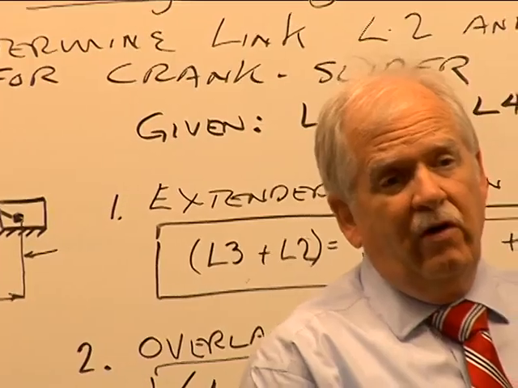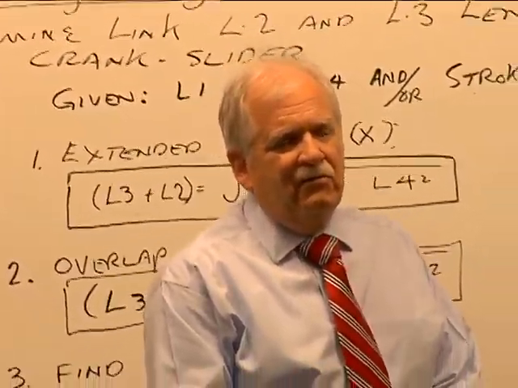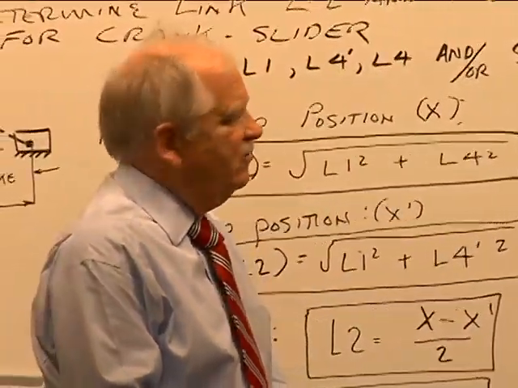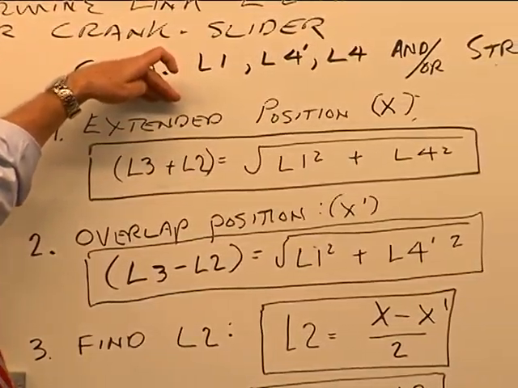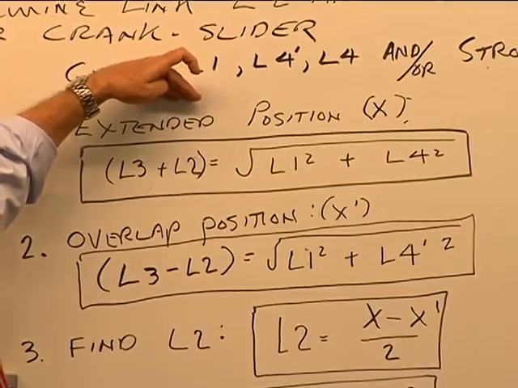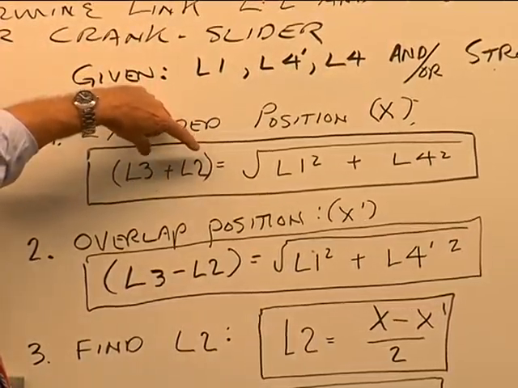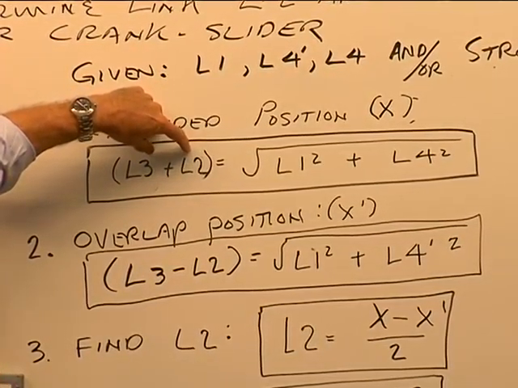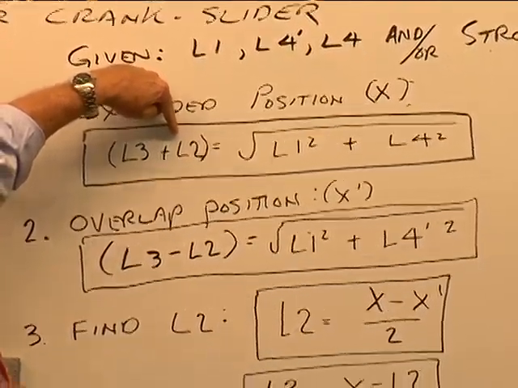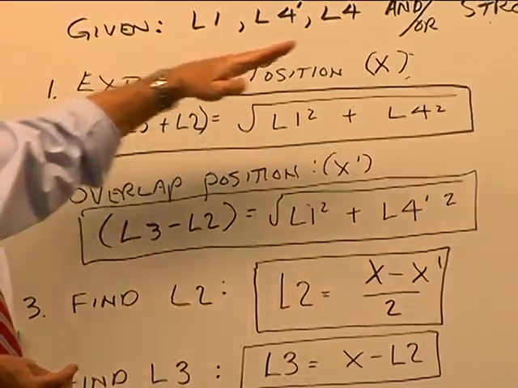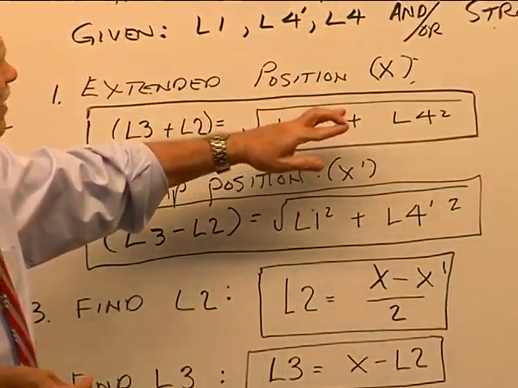So this is basically just another approach to these kinds of mechanisms. As I said before, these are the most common mechanisms, or linkages, that you'll find. Now, what I'm going to do is express the length of the two links together when they're extended. I want to find, when L3 and L2 are together and extended, what that distance would be.